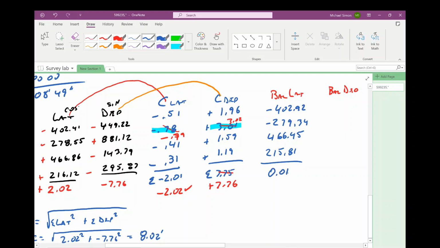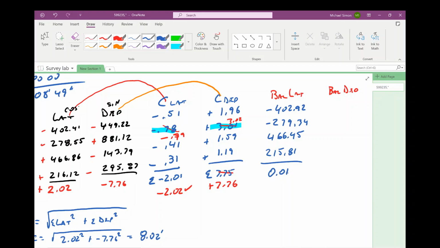Make sure I don't have a math mistake in here. Let's see this. 216.12 minus 0.31. Okay, 466.86 minus 0.41. 278.55 negative minus 0.79.